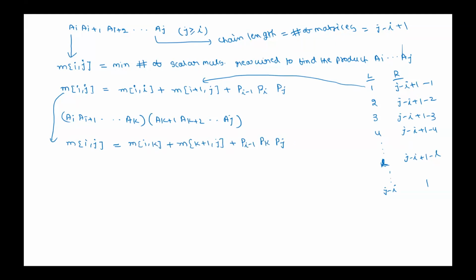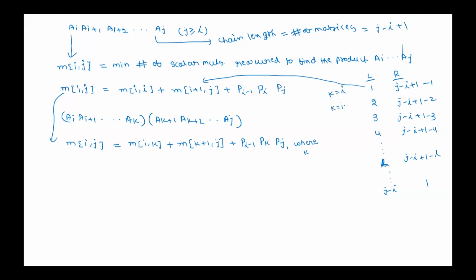Now M(i,j) is M(i,k) plus M(k+1,j) plus the product term. But what values can k take? Can k take the value of i? If k equals i, there is only one matrix on the left side, no?